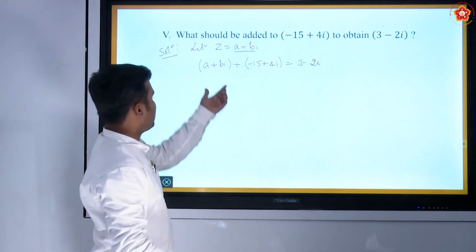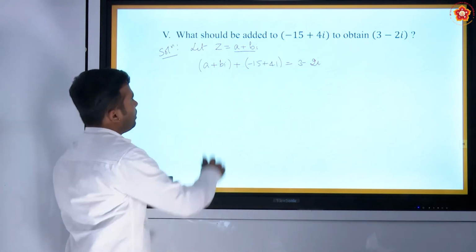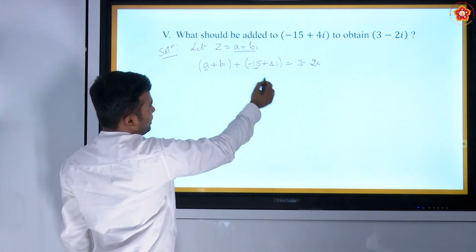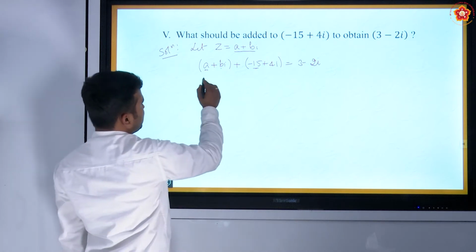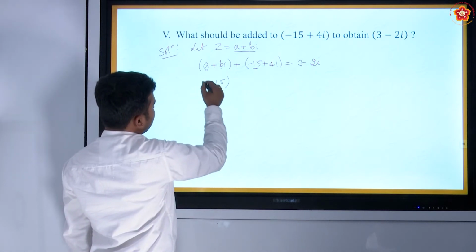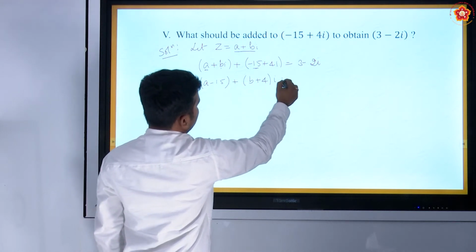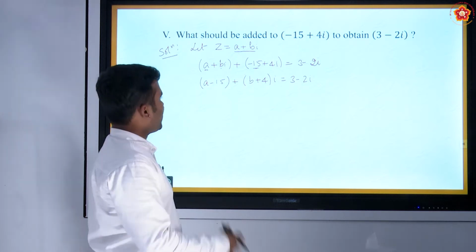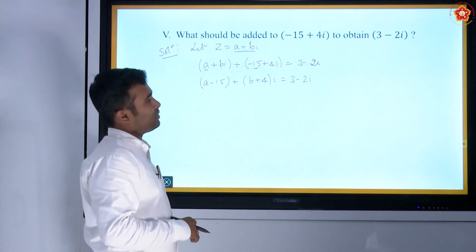So we are adding something to get 3 minus 2i. Here the real parts are a and minus 15, and the imaginary parts are b and 4. So I can add the corresponding real and imaginary parts, such that a minus 15 plus b plus 4 i is equal to 3 minus 2i. You can use equality of complex numbers: equate the real parts and imaginary parts on either side of the equation.